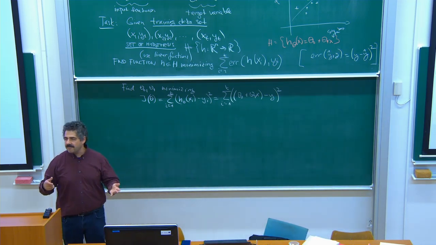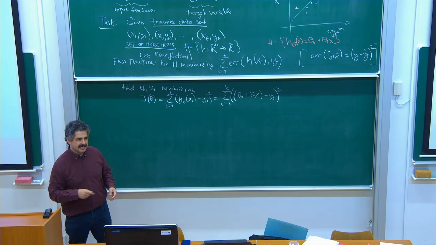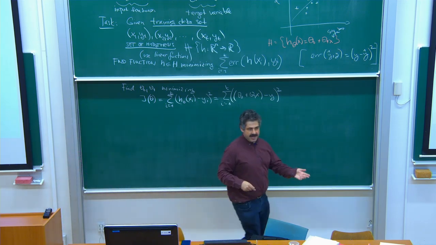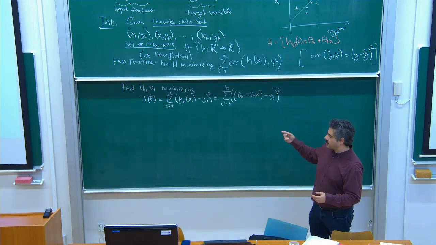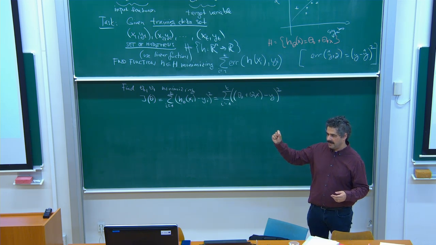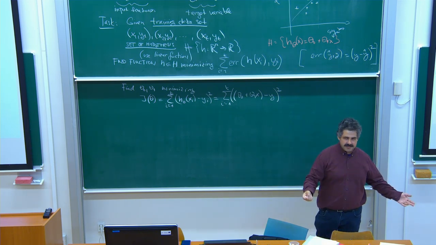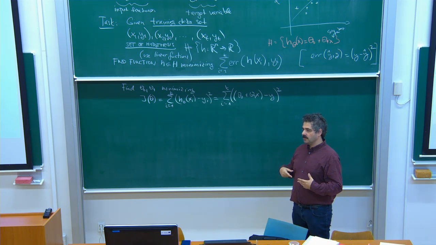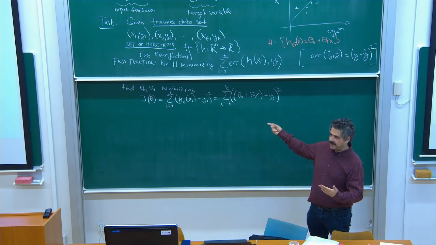All of you have seen how to find the minimum of a function that has one variable. You take the derivative and try to find the values where the derivative gets to 0.